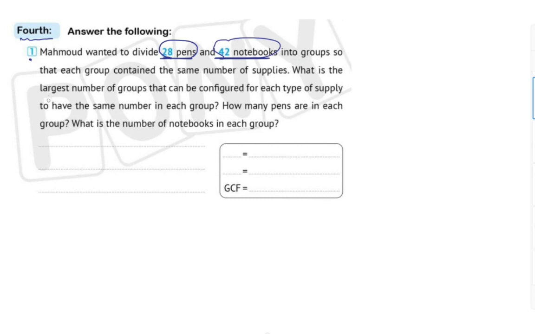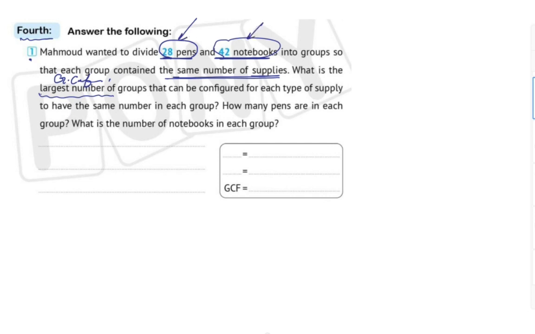I need to divide these pens and notebooks into groups so that each group contains the same number of supplies, the same number of pens and the same number of notebooks. What's the largest number? Of course, he is talking about the GCF between these two numbers.